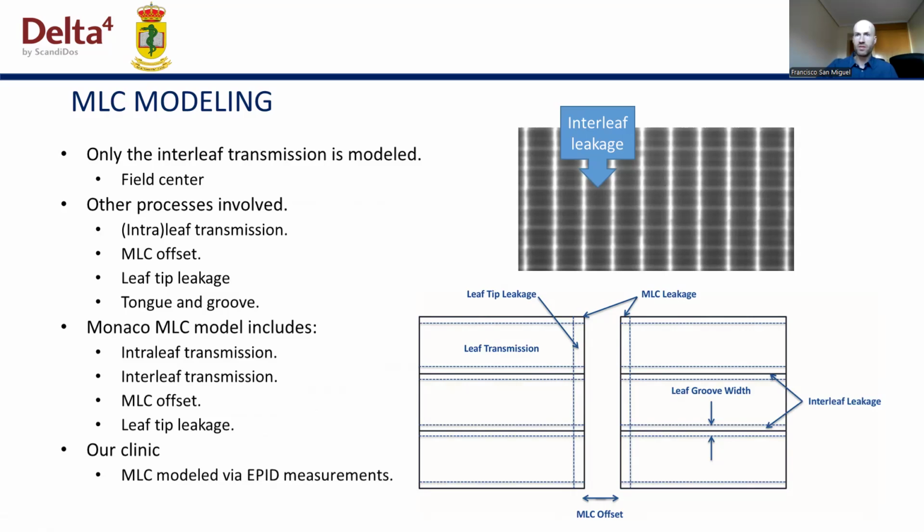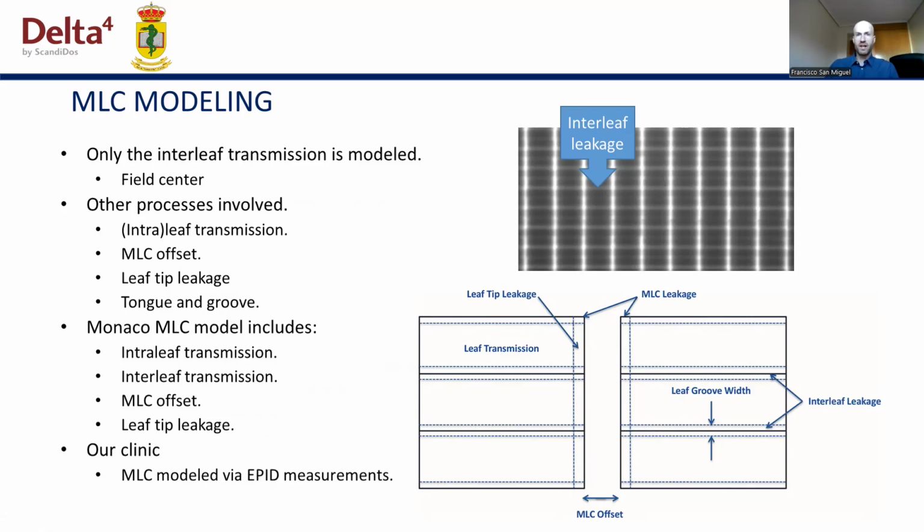However, when the leaves are within the radiation field, many additional phenomena occur, such as, for example, the intraleaf transmission, the MLC offset, the leaf tip leakage, and the tongue and groove effect. All these factors affect the radiation beam, and it is important to take them into account.